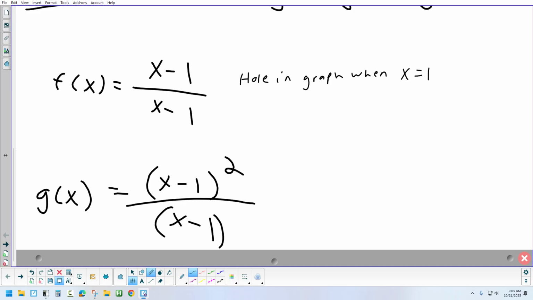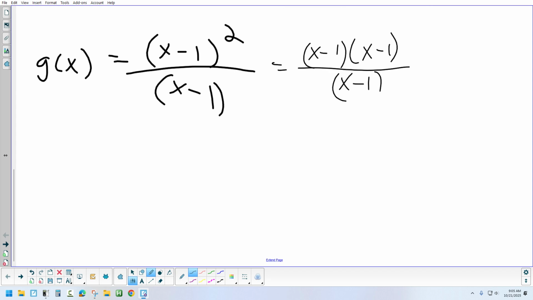And would you have a hole in the graph or vertical asymptote? You'd have a hole again. If you write this out, it's 2 copies of x minus 1. So you do have a common factor in the top and the bottom. And that results in a hole. So same thing in this one. Hole in the graph when x equals 1. Okay. What if I had, let's do one more, h of x.